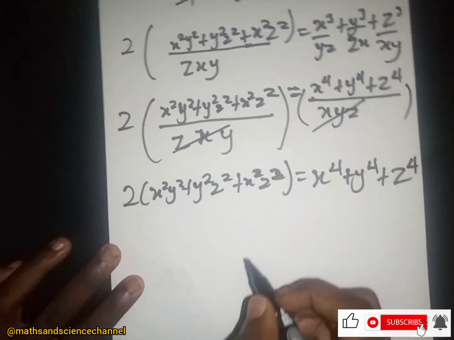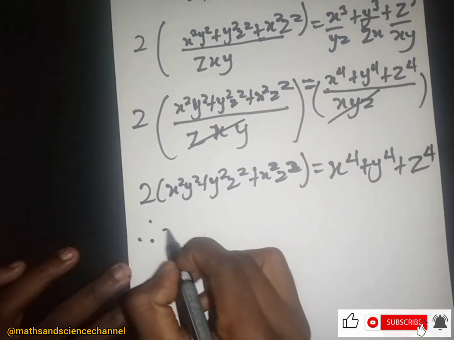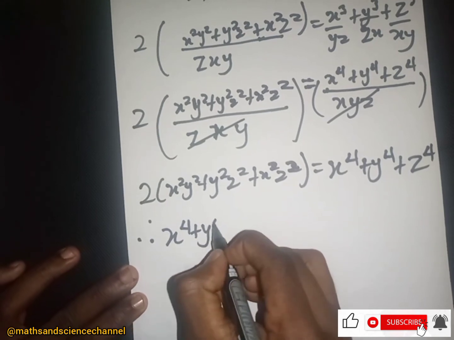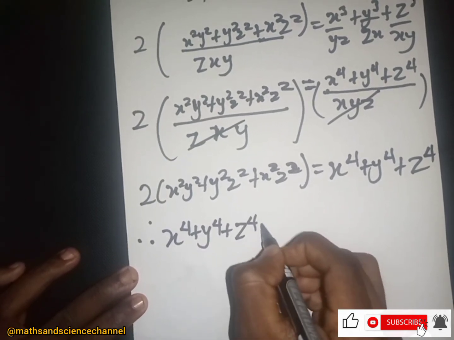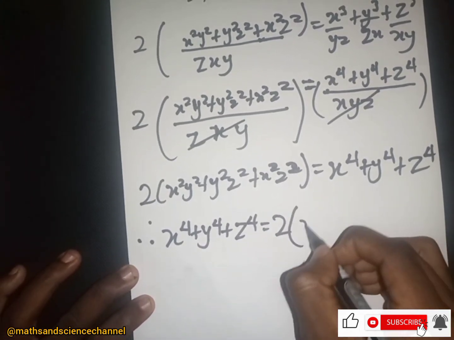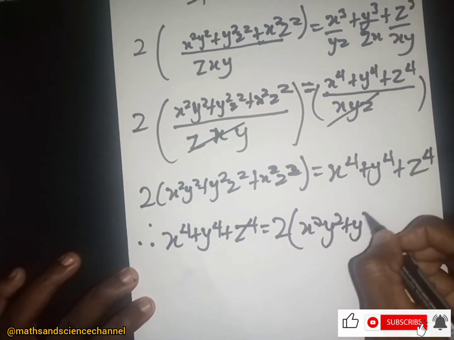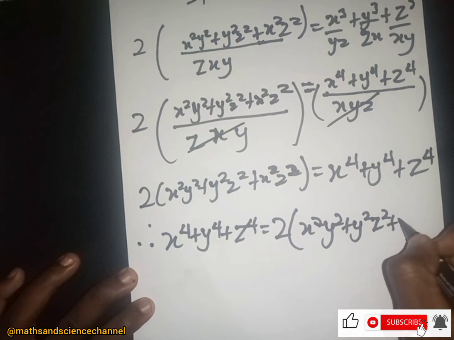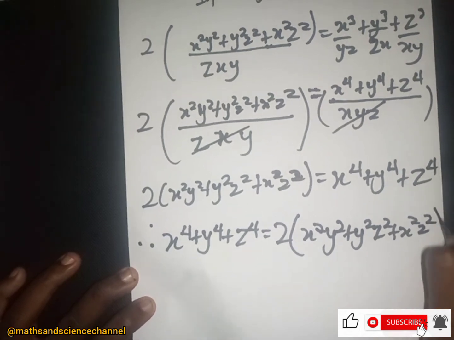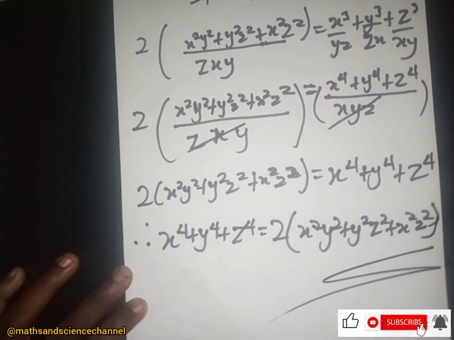And basically, therefore, our x to the power 4 plus y to the power 4 plus z to the power 4 is just equal to 2 times x squared y squared plus y squared z squared plus x squared z squared, right? So this is what we have.